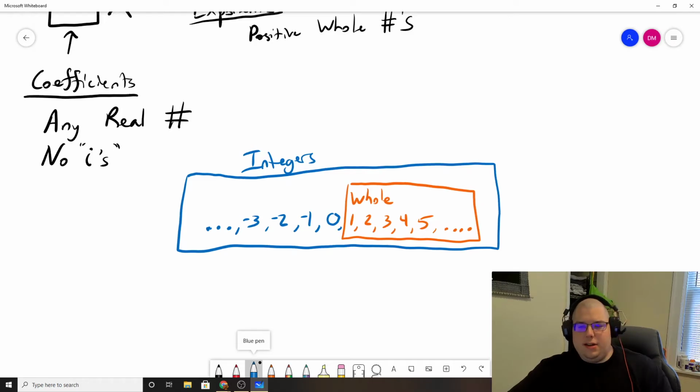We can add, subtract, and multiply all integers, and we just get more integers. Now, when we divide some integers, we don't get another integer, we get rational numbers or fractions.